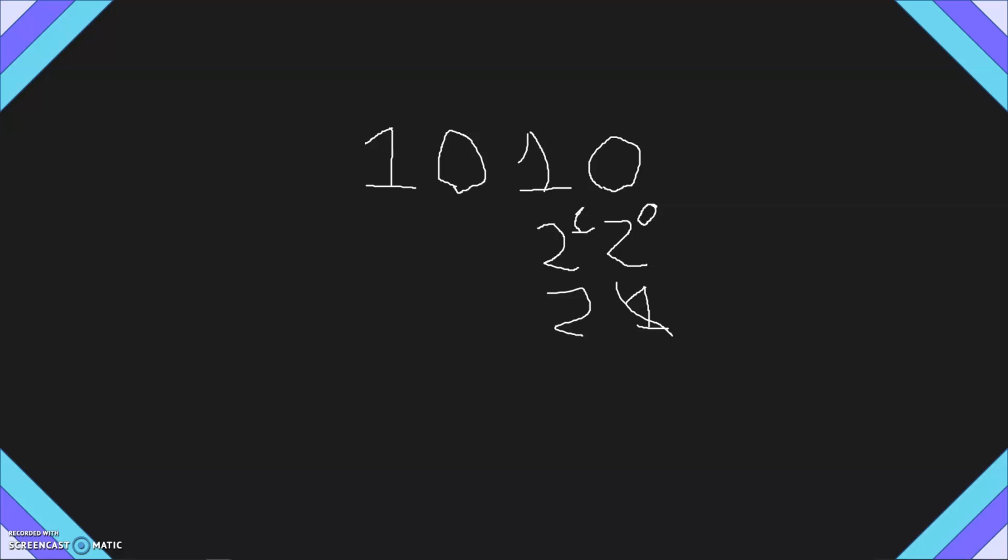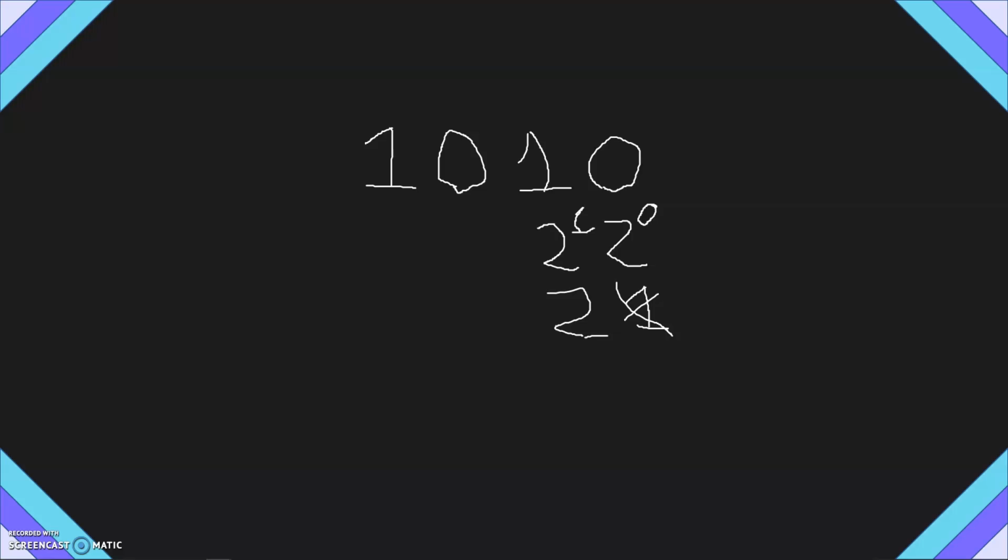We don't need this one because over here it's 0, but when it's 1, we have 2, because 2 to the power 1 is 2. This next one doesn't matter, but it's 2 to the power 2, which is 4. And then here it's 2 to the power 3, which is 8. So we're going to mark this 8 down.